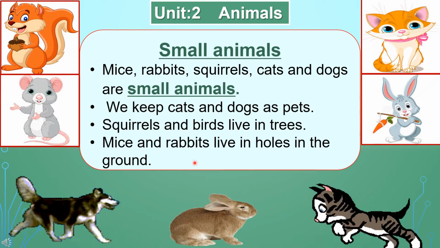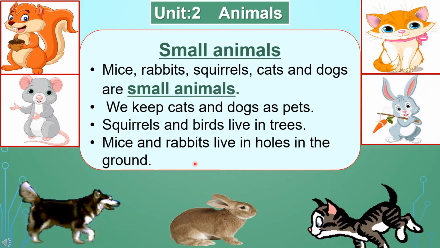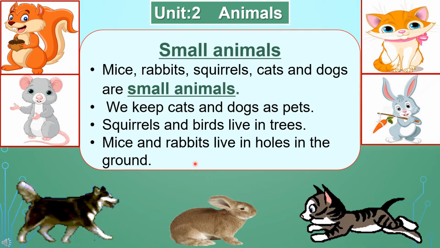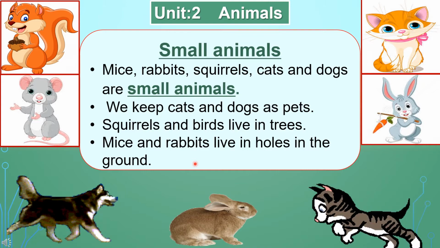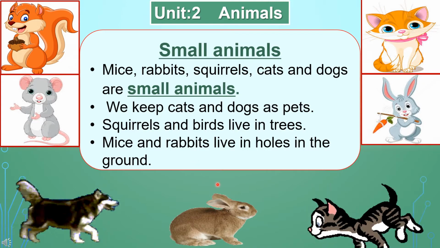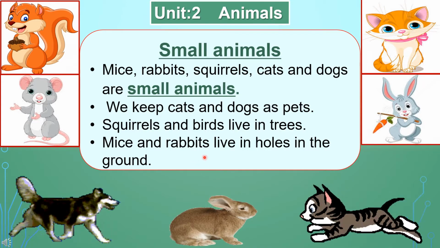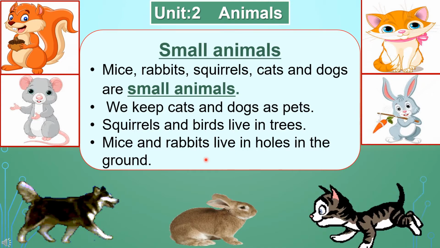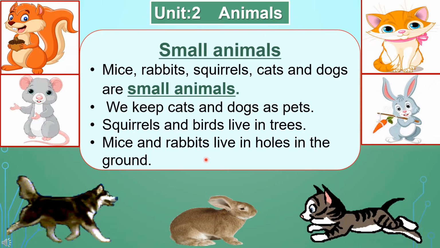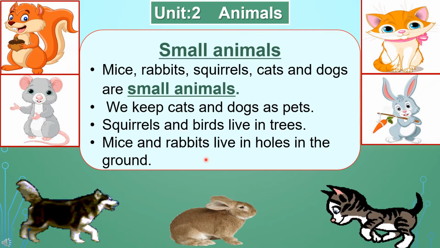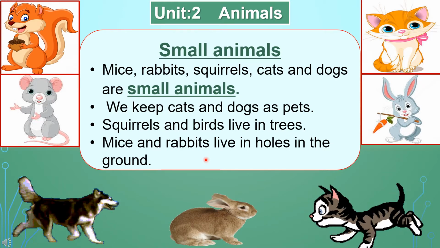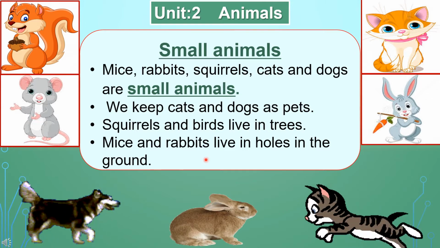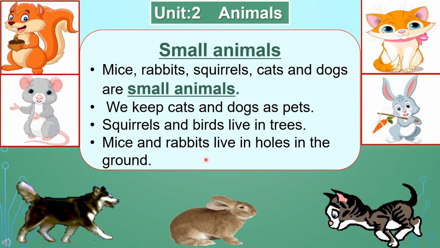Now you have learned by reading these sentences that there are many small animals in the world, for example mice, rabbits, squirrels, cats, and dogs. They are all small animals, and we all like to keep cats and dogs as pets at our homes.